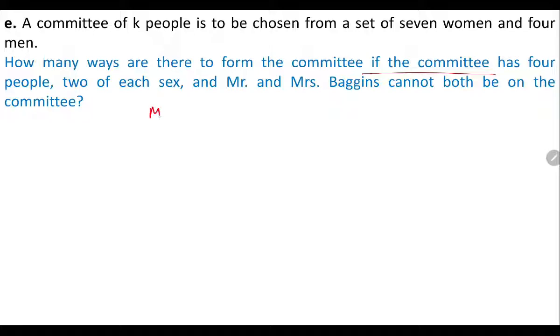So the first case is Mr. Baggin is there, but Mrs. Baggin is not there, and I need total 4 people, 2 of the same sex. So when Mr. Baggin is already there, it means out of the 3 people I just need 1, but out of 7 women I need 2.